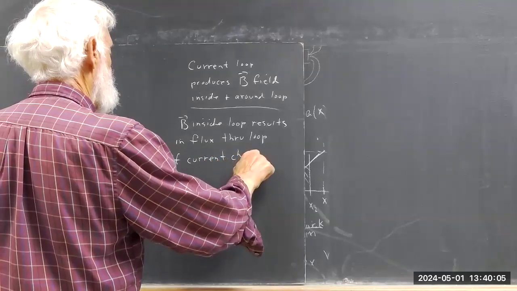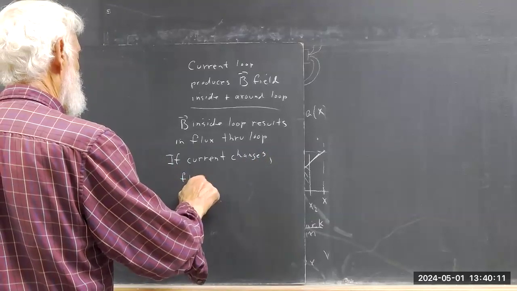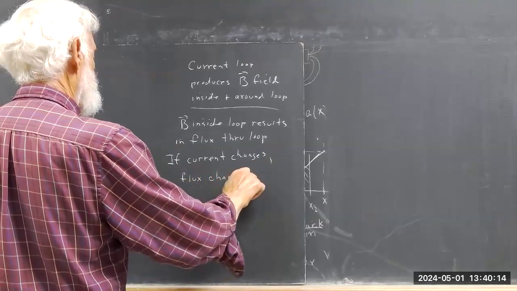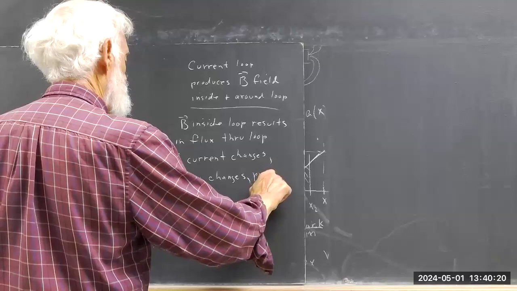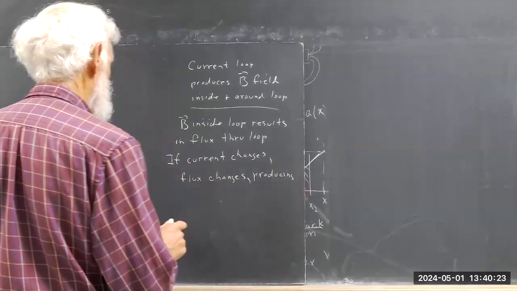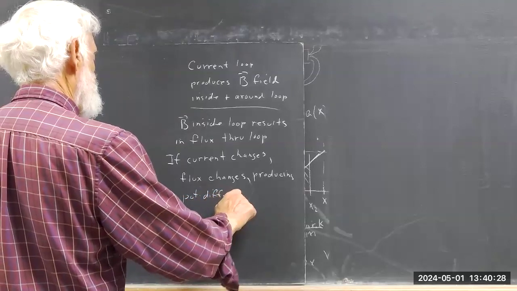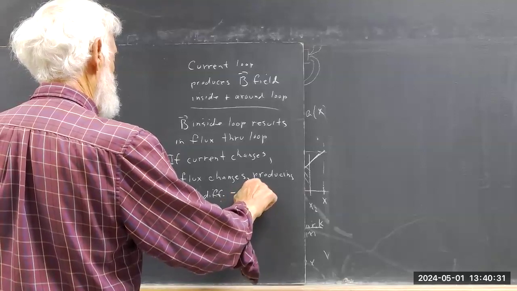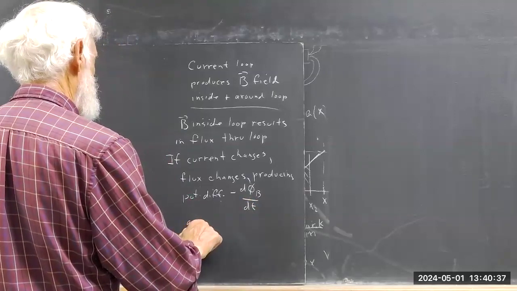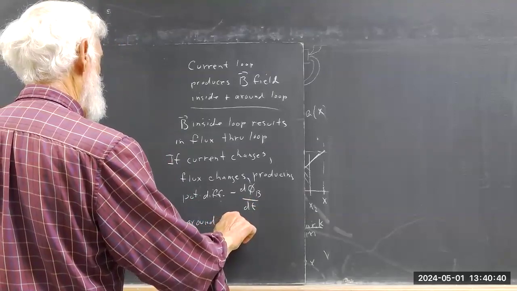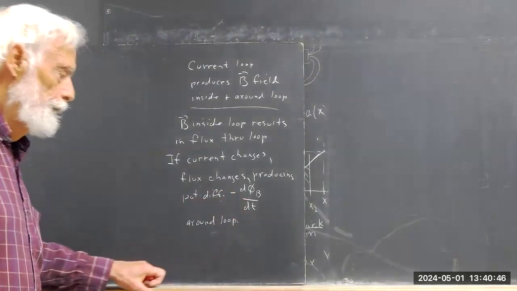If the current changes, flux changes, producing a potential difference of negative d phi B dt around the loop.